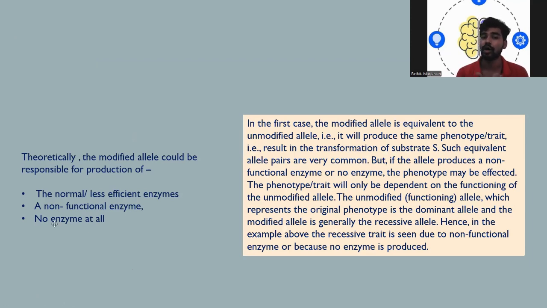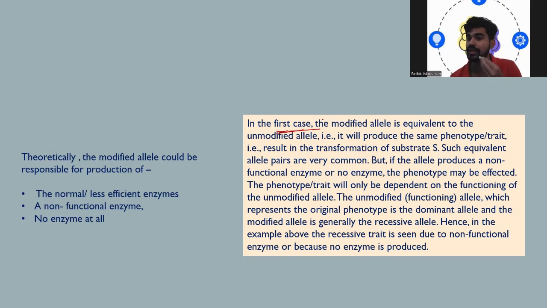The modified allele could be responsible for the production of either a normal or less effective enzyme, needed for the transformation of the substrate, or a non-functional enzyme, or no enzyme at all. In the first case, if the modified allele is equivalent to the unmodified allele, showing the same thing, then as a result, what happens?